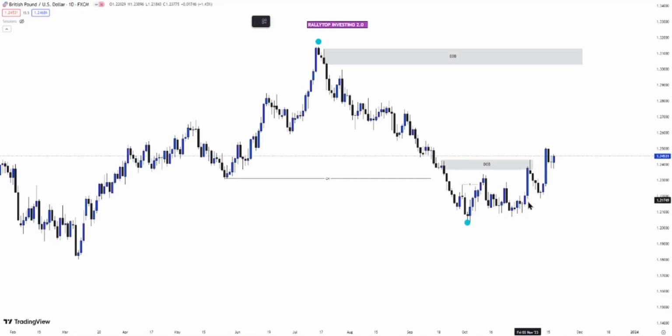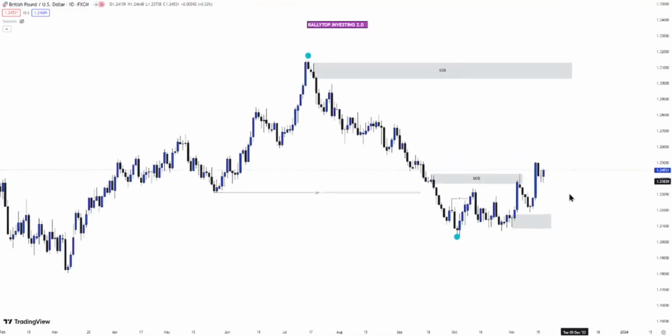I told you in our last episode that this was our demand zone that we look to take trades from if price comes to that point and takes this market higher to this EOB, that is your extreme OB.